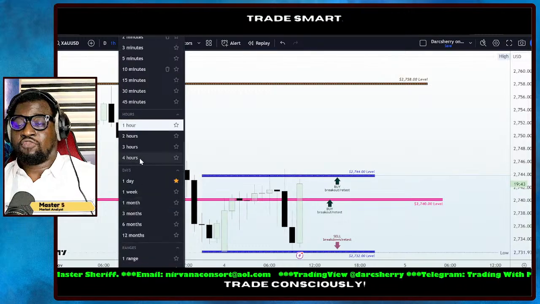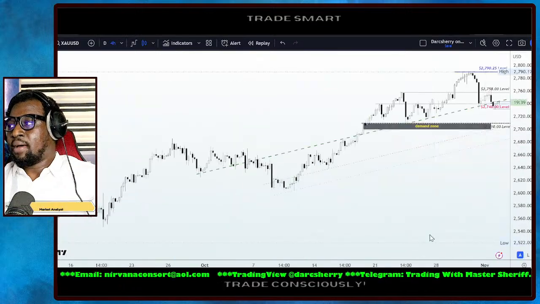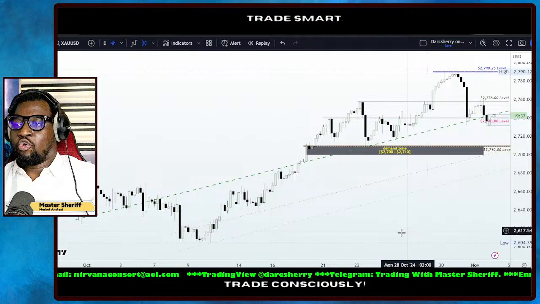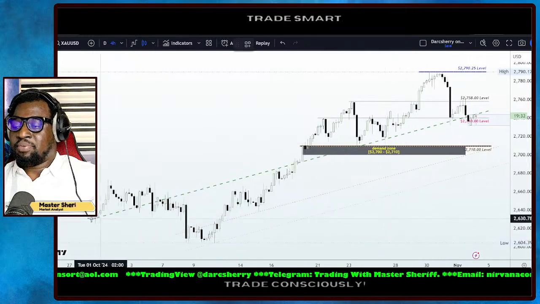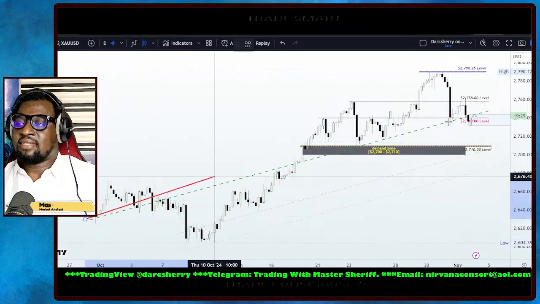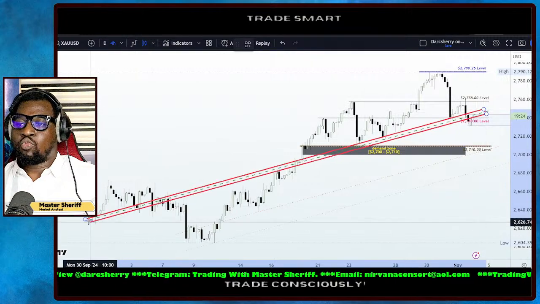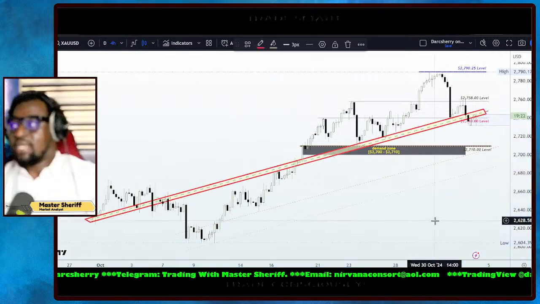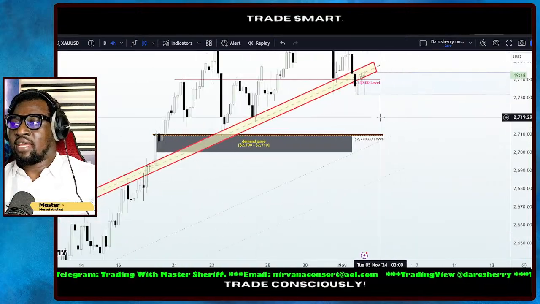Then to make things a little bit more clearer, I would like to show us a structure. For those of you who watch my video on the XAUUSD, you will have seen it. So right here on the 4 hours time frame, look at what I've got here. I have a beautiful trend line, a structure which has been respected since the beginning of the month of October. And look at where price action is right now, just exactly around that trend line, as you will see here.